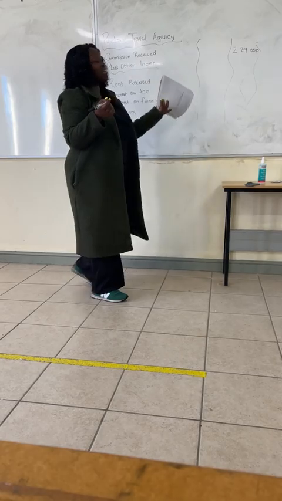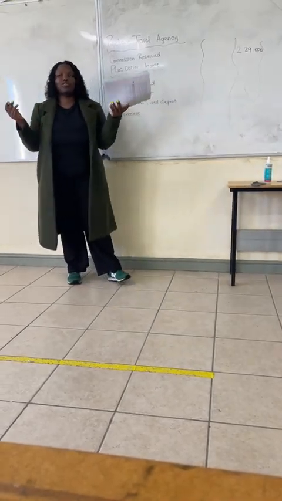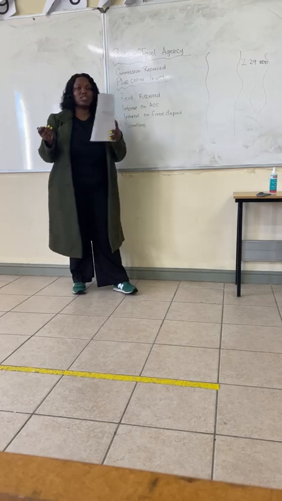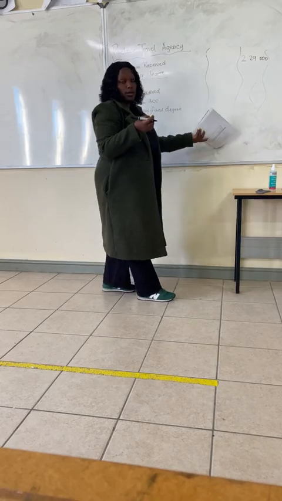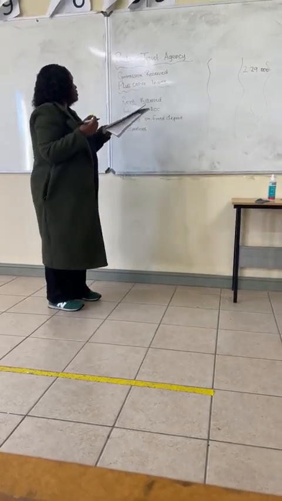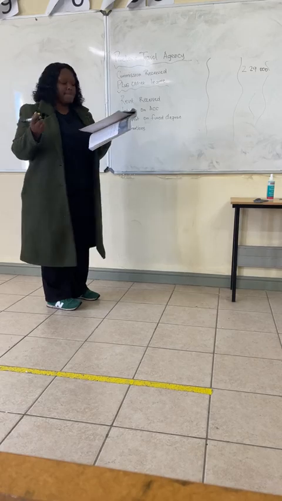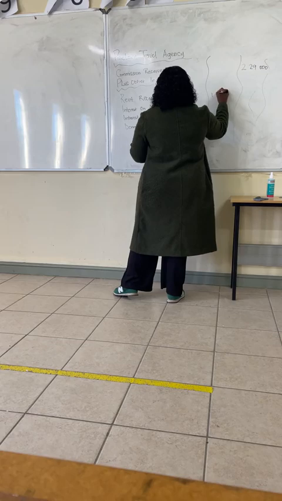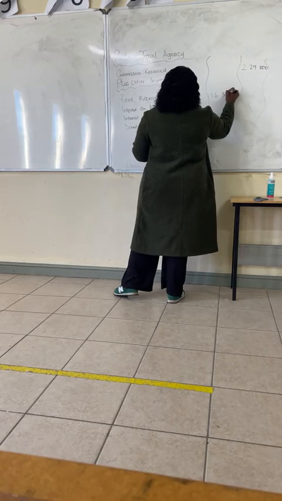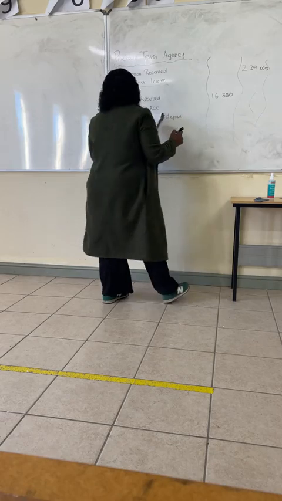Remember, we said we don't have credit side or debit side. We've got column 1 and column 2. So you need to state, am I writing on column 1 or am I writing on column 2? Okay. So rent received, where am I writing it? Column 2. And how much? 16,330. Okay.